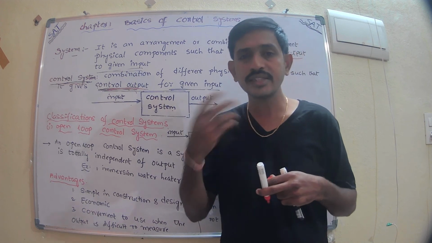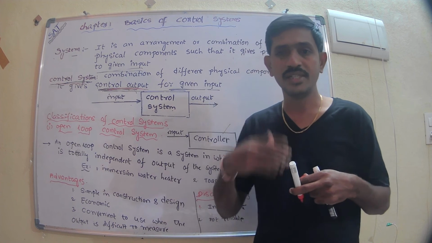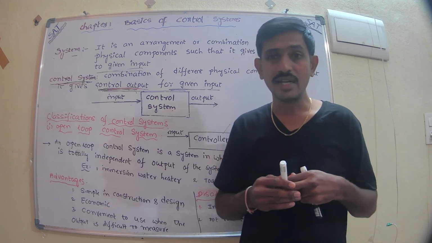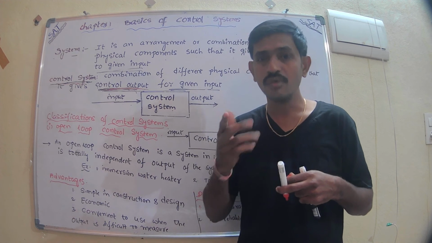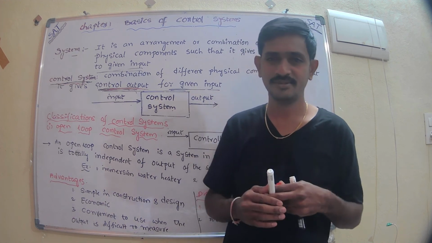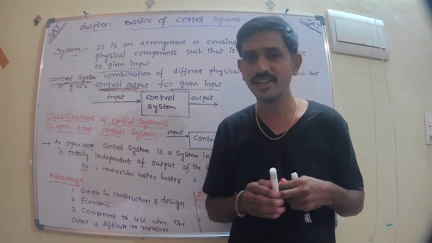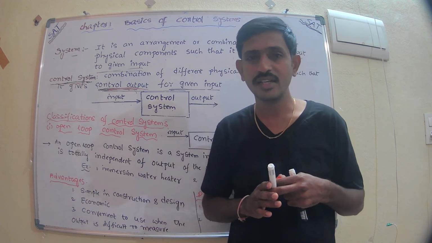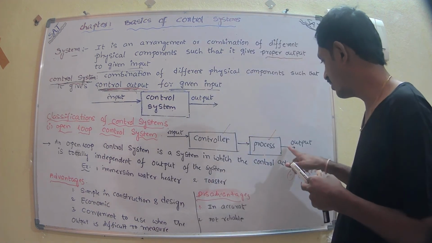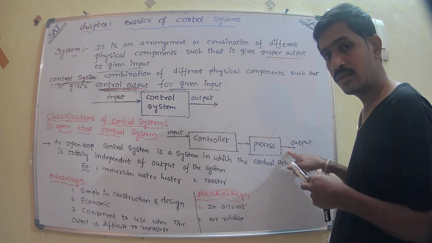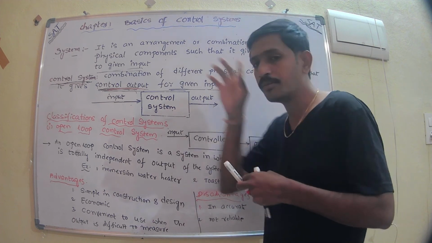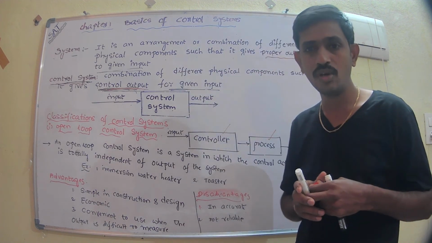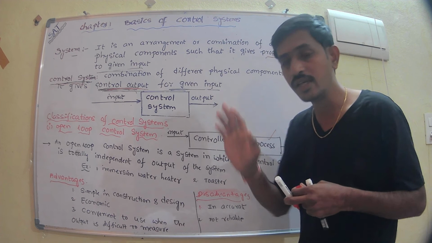It goes on increasing the temperature of the water, because it doesn't have any feedback to tell it when to stop the heating. What is feedback here? I will tell you later. Whatever output we are getting here is fed back to the input, so the input always knows the output.